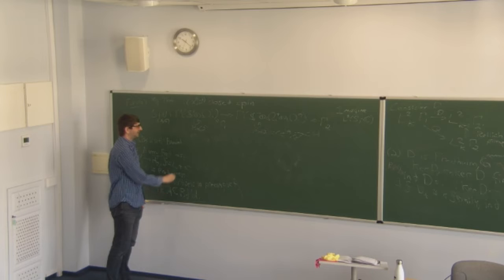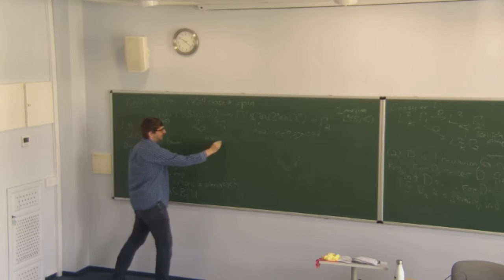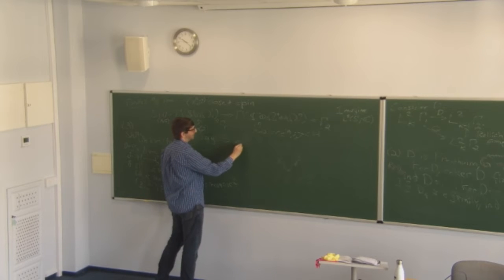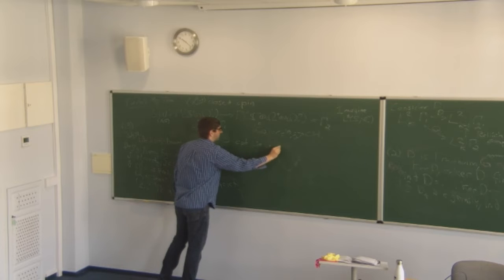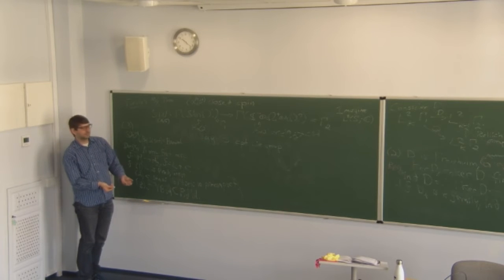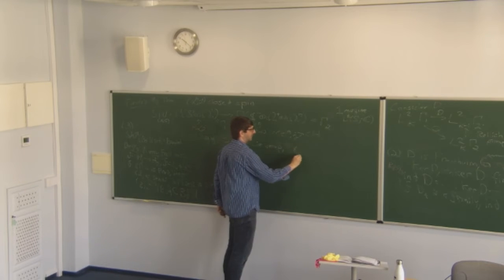So maybe let's just sketchily talk about G homotopy. So let's say G is a compact Lie group. We could consider if we have two spaces with G action, and X1 and X2 are G spaces.